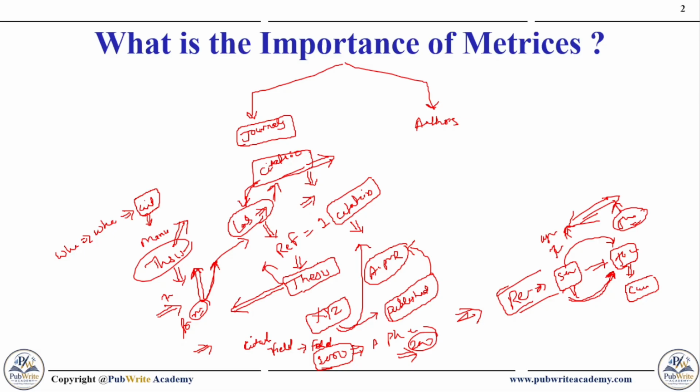So it's important to understand all these metrics to understand the performance of journals as well as authors. One more important thing: these can be manipulated.